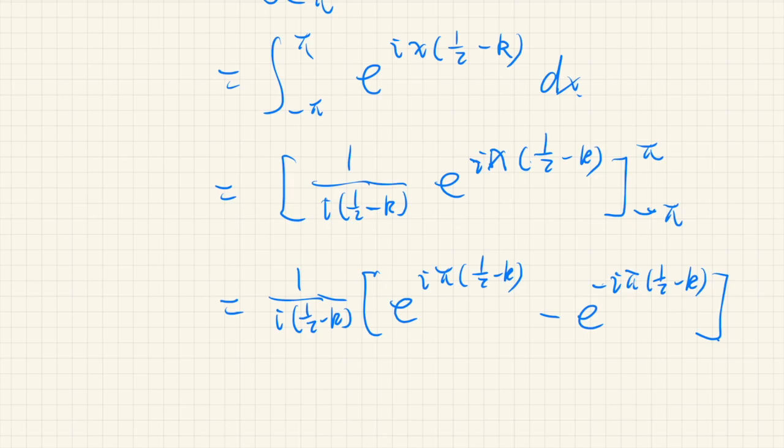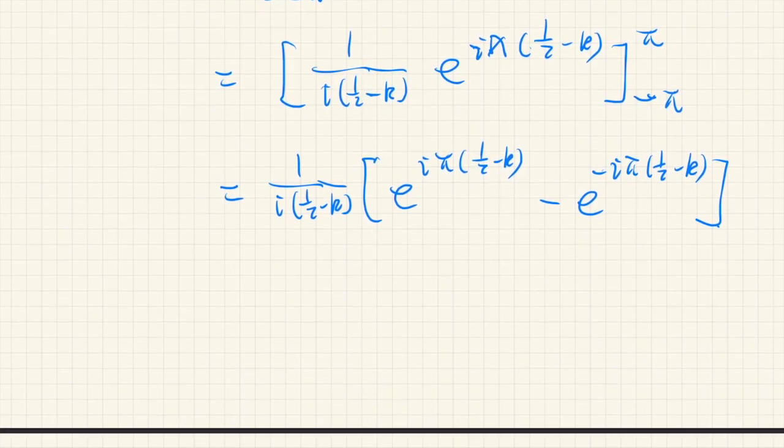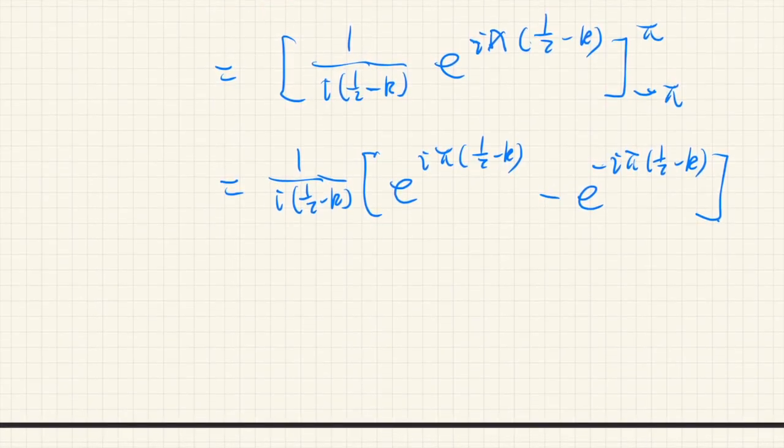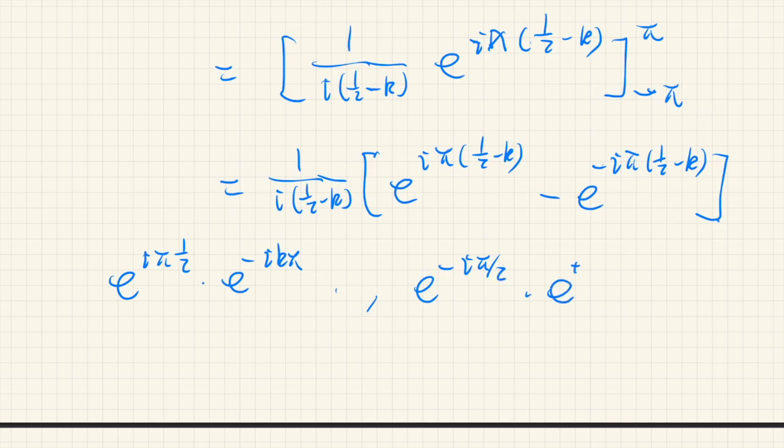And let's split this into i pi (1/2 minus k) and negative i pi (1/2 minus k).